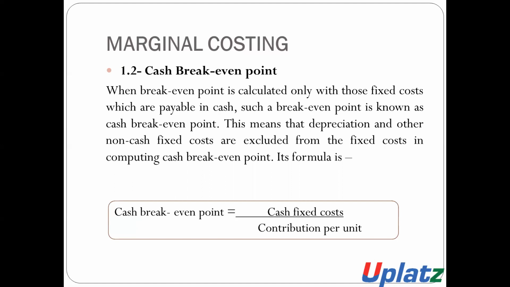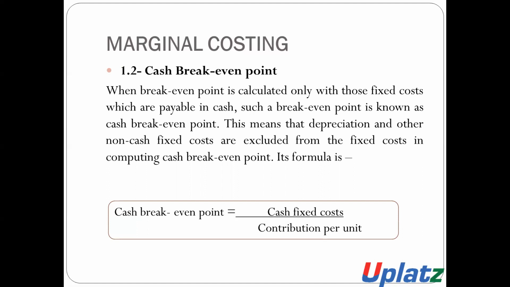When the break even point is calculated only with those fixed costs which are payable in cash, then such a break even point is known as cash break even point.